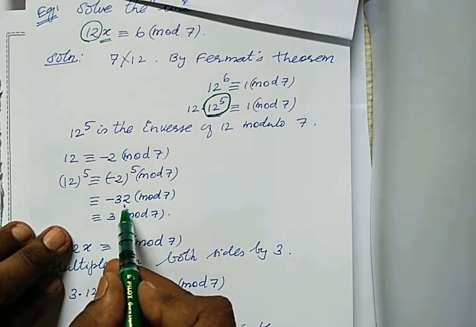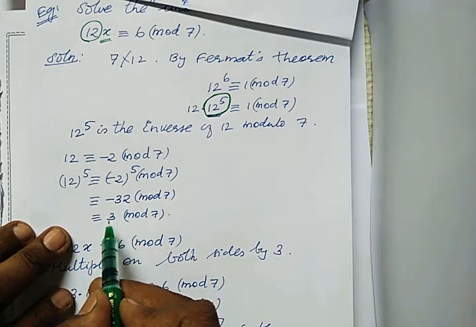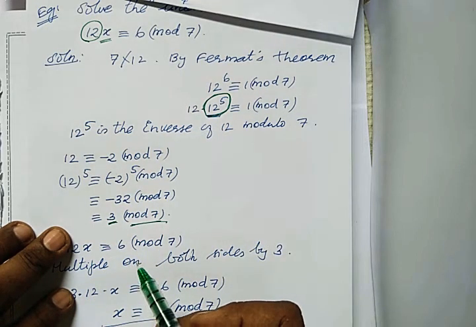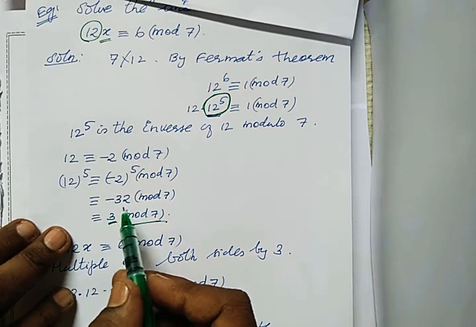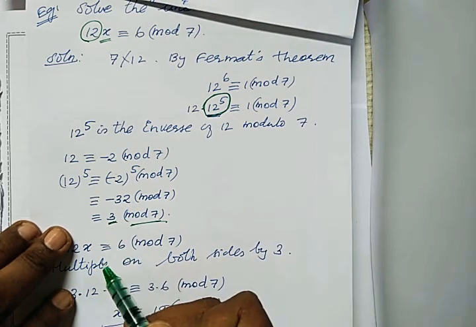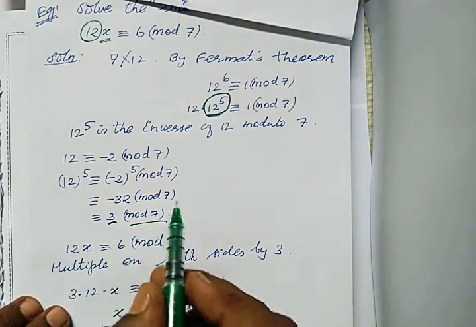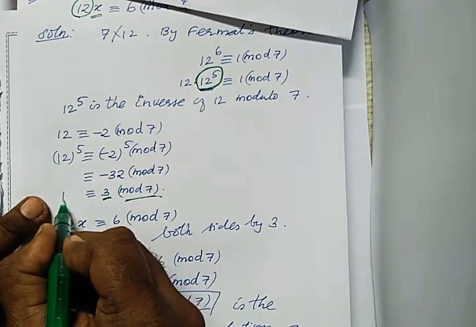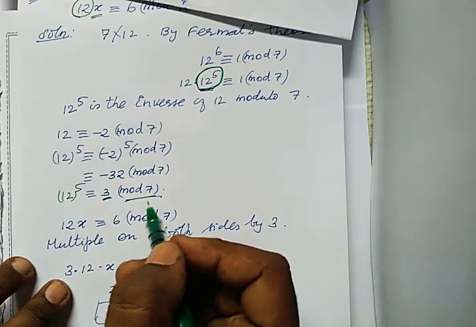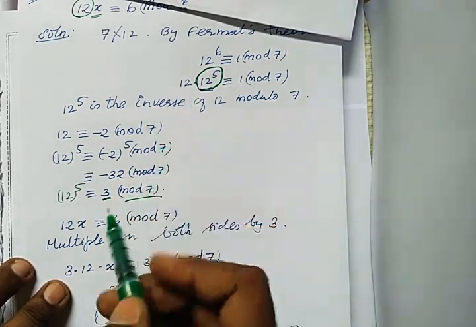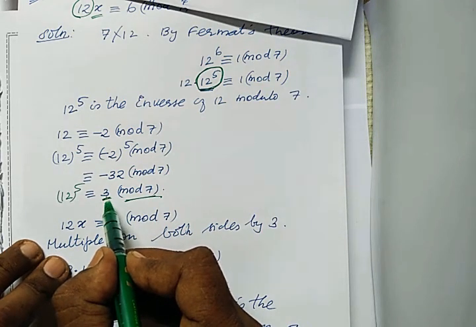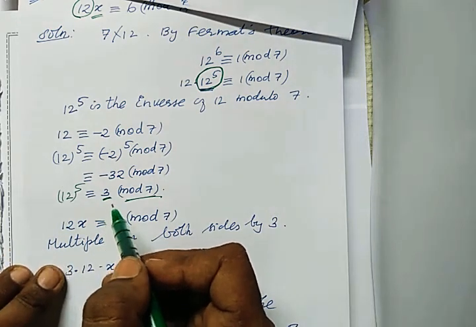Adding 35 here, I get plus 3 modulo 7. So 12 to the power 5 is congruent to 3 modulo 7. So for this 12, 3 is the least number, which is also the inverse of 12 modulo 7.